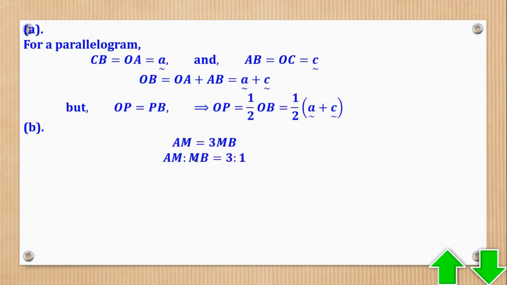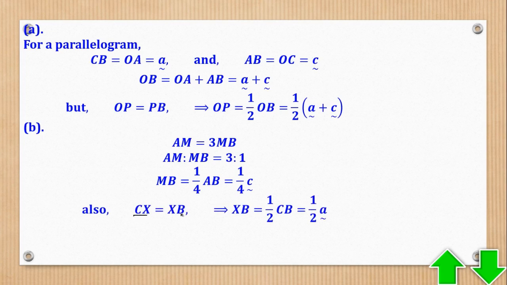Therefore, AM to MB is 3 to 1. And because these are similar, it means that MB is equal to a quarter. A quarter means 1 over the total ratio, which is 1/4 of AB. That is the ratio theory. And AB, we know that is C, so it becomes a quarter C tilde.